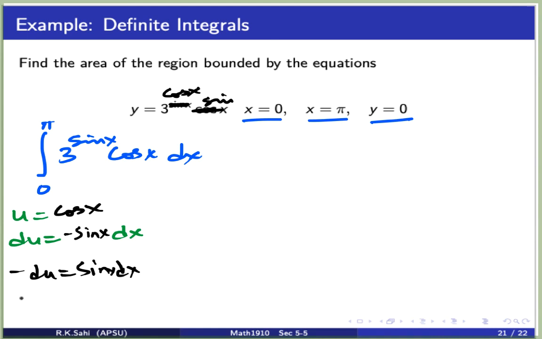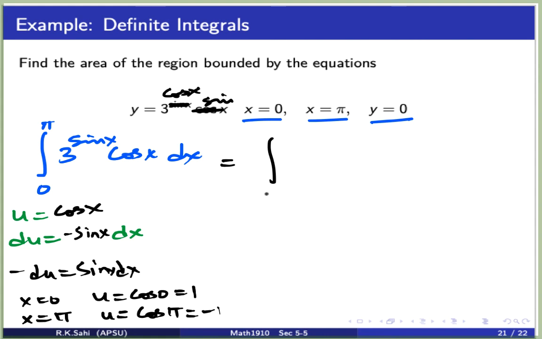Now, when x is 0, u is cosine 0, which is 1. When x is pi, u is cosine pi, which is minus 1. So this expression now becomes the integral from 1 to minus 1 with a negative in the front, 3^u du.